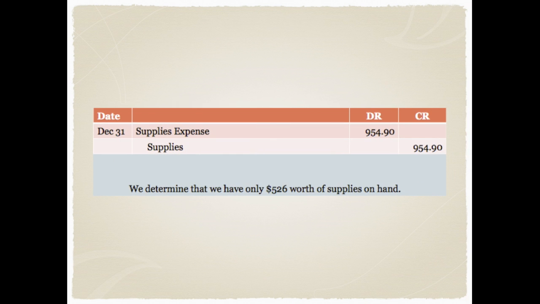And we are going to use up $954.90 worth of supplies over the year. We're going to debit that amount to the supplies expense, and we will credit the same amount to supplies because we have used up the supplies and we don't have that many anymore. So what we've determined is that we only have $526 worth of supplies at the end of the year.